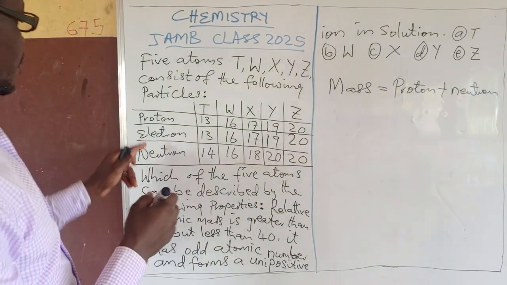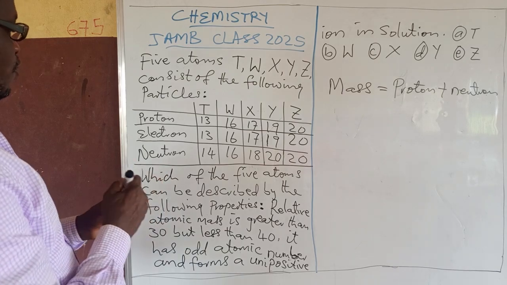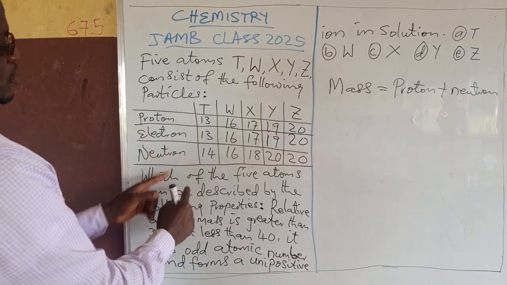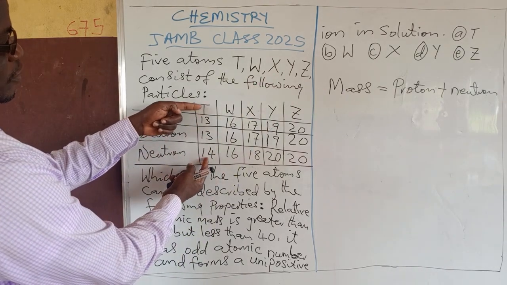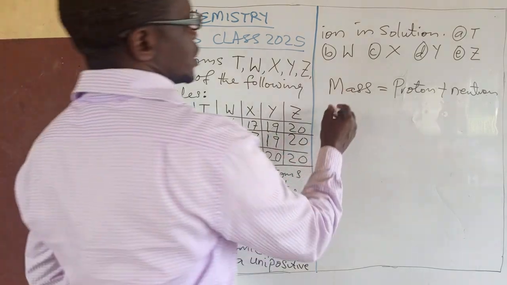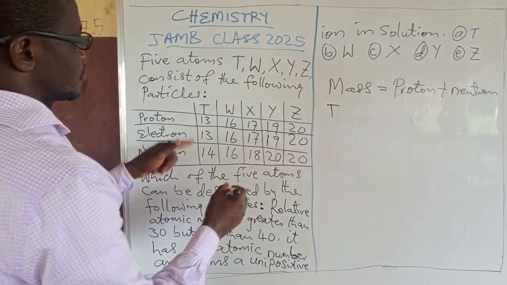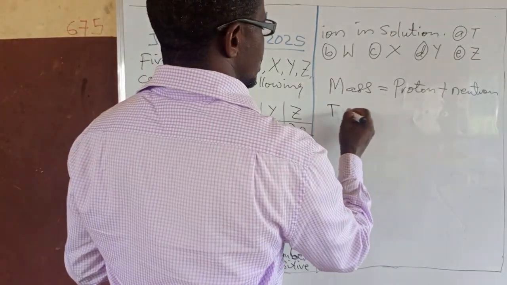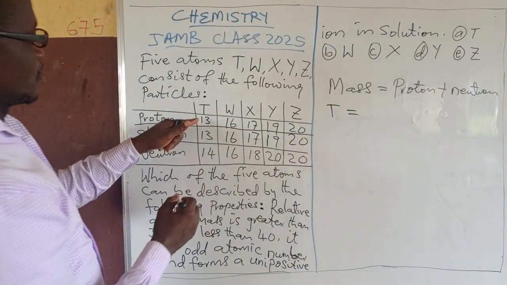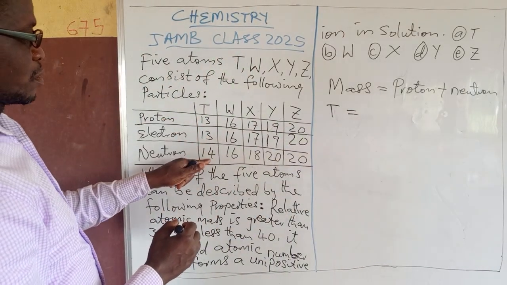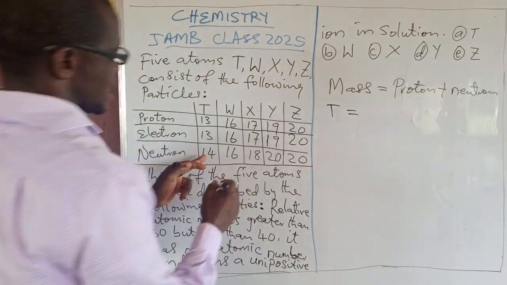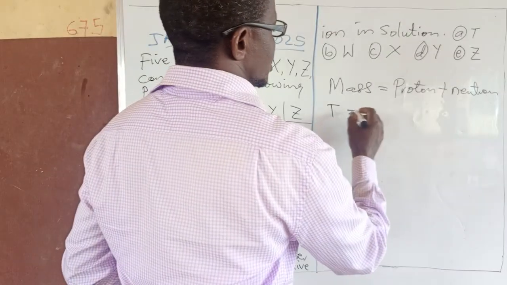If you check here, they have given you proton, they have given you neutron, they have not given you mass. So what you need to do is to add. For T, you add proton and neutron. That is 27. Mass is 27.